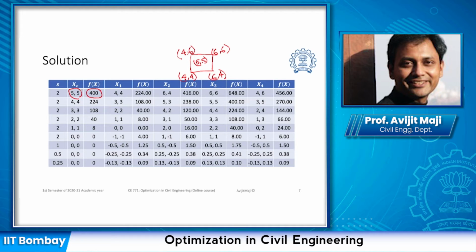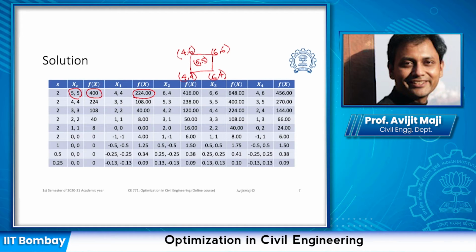For this as a center point, once we find all the 4 corner points, then we evaluate the objective function value at all the 4 corner points and then compare. If we compare, we can clearly see that the objective function value at this location is better than all the other locations.